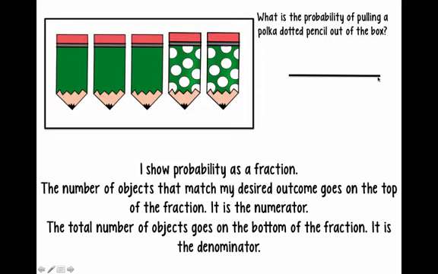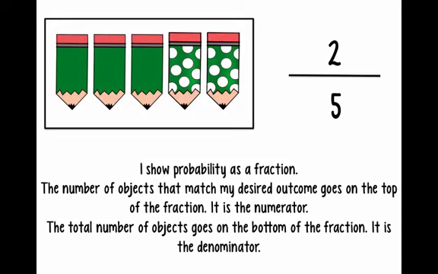The number of objects that match my desired outcome goes on the top of the fraction, and it becomes the numerator. The total number of objects I have altogether that I'm considering goes on the bottom of the fraction, and it becomes the denominator. So in this example, what is the probability of pulling a polka dotted pencil out of the box? The probability of pulling a polka dotted pencil out of the box is 2 out of 5, because I have 2 polka dotted pencils.